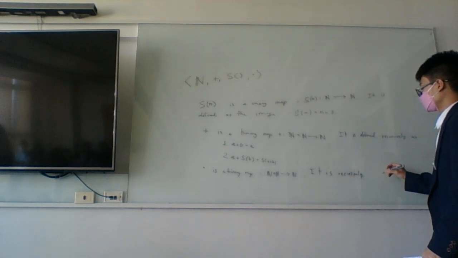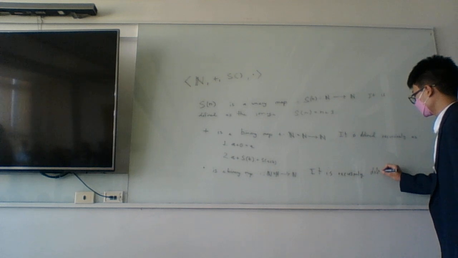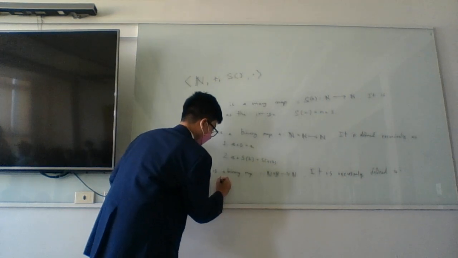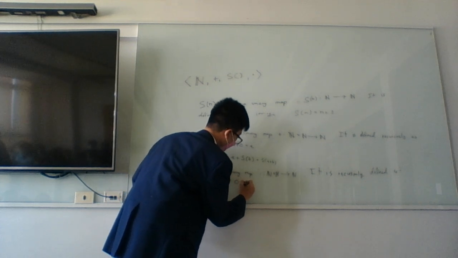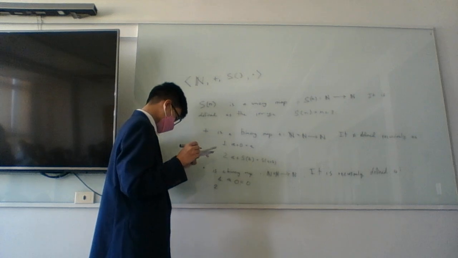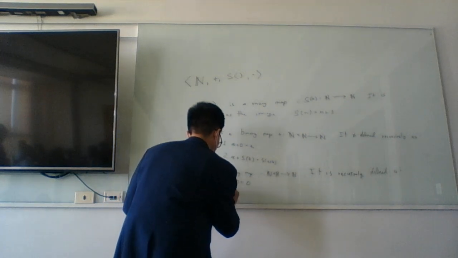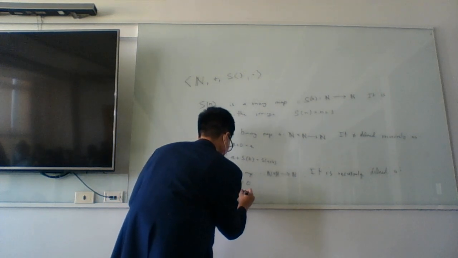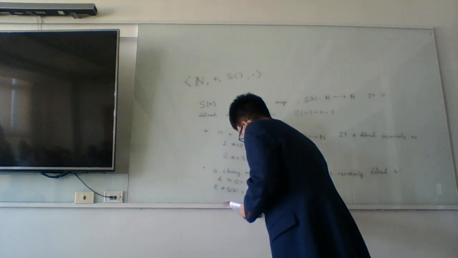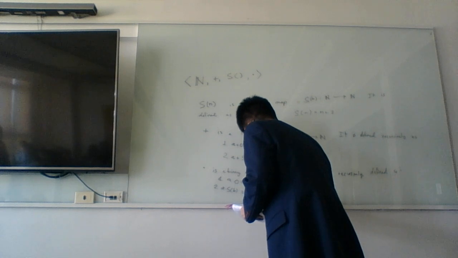It is recursively defined as: a times 0 equals 0, and a times the successor of b is equal to a plus a times b.